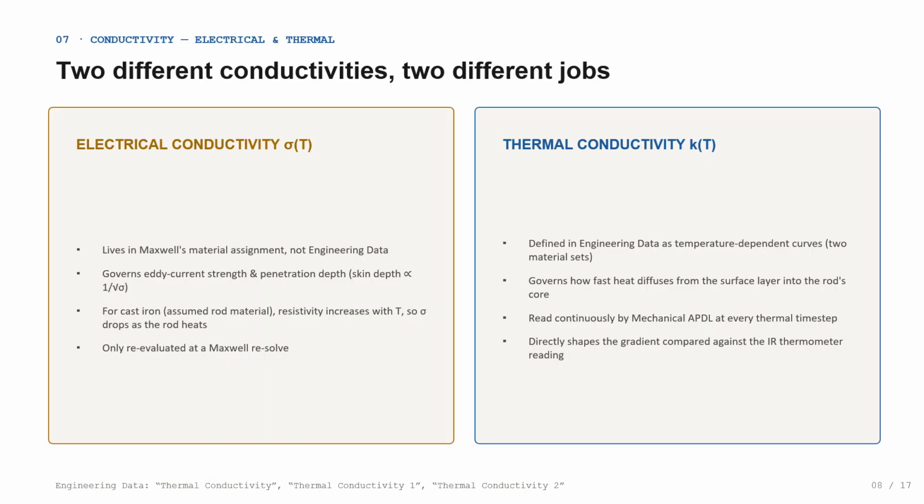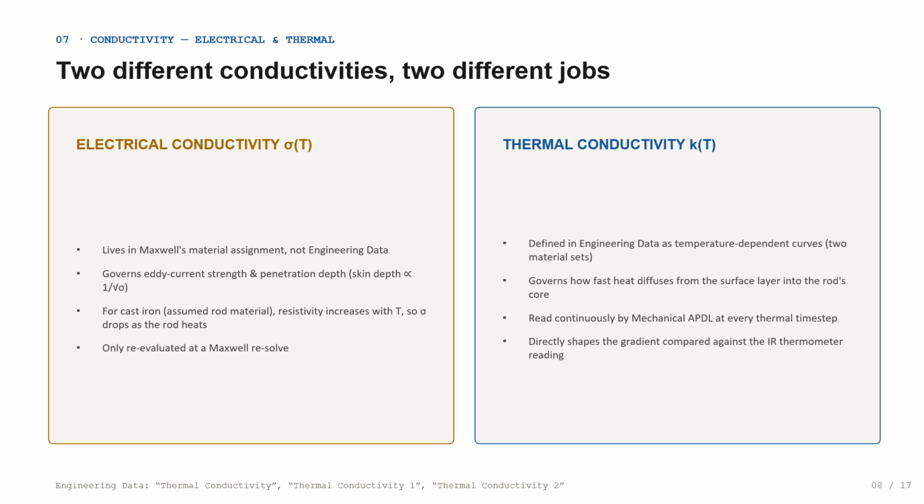I want to draw a sharp distinction here, because these two conductivities are both called conductivity. They both depend on temperature, and yet they do almost completely different jobs in this simulation. Electrical conductivity, sigma of T, lives inside Maxwell's material assignment. It has nothing to do with the engineering data branch of the thermal system.